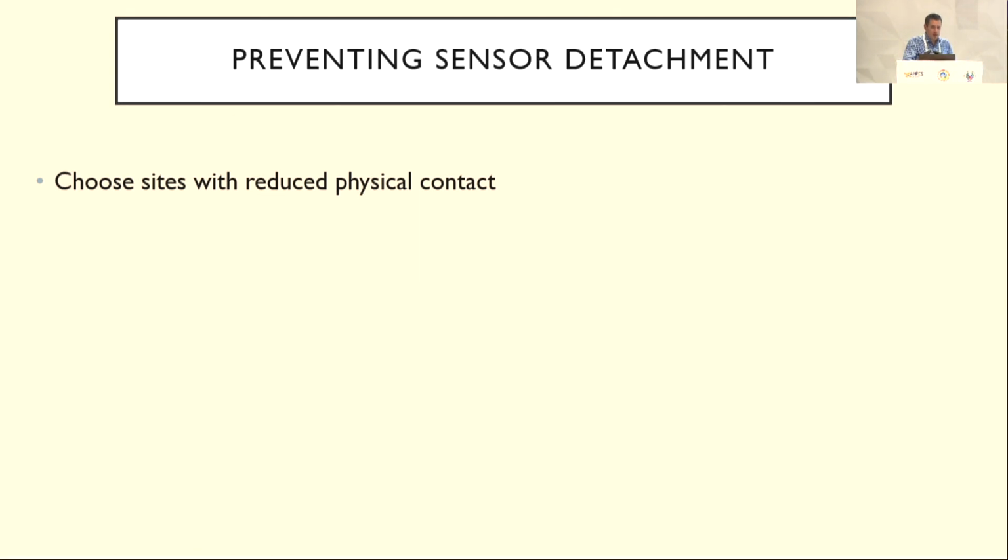The first one is choosing sites that aren't going to get knocked. Now, just be aware the Libre is only approved for the outer arm and not any other site on the body. Saying that, we've done some small studies in New Zealand. We've tried the Libre on other sites such as the chest, the leg, the abdomen. It actually seems to work very well, but they're very small numbers, like 20 patients on each site.